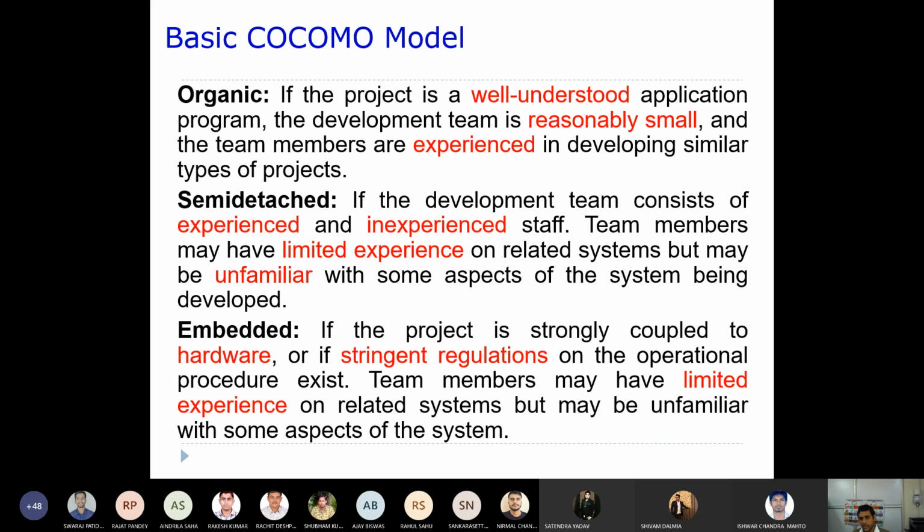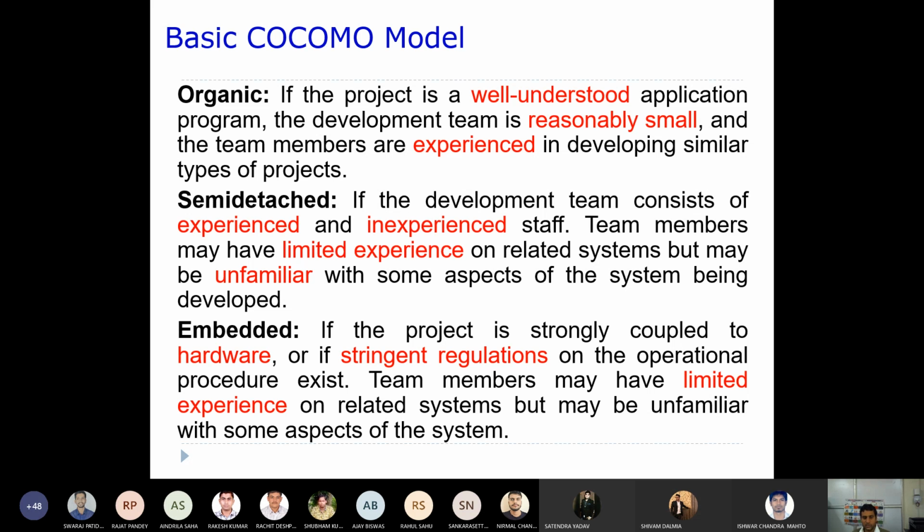Now when can you say that it is an embedded type? If the project is strongly coupled to hardware, that means the software you are going to develop is going to interact completely with the hardware system. Also if stringent regulations on the operational procedure exist, it should follow a certain number of regulations.